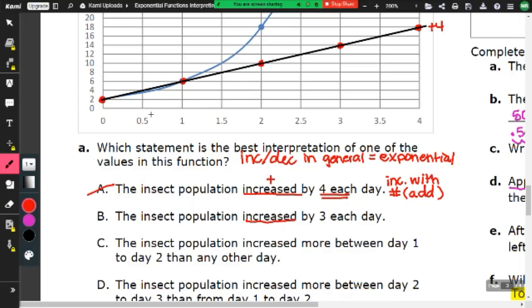Look at B. Once again, increase. It could be exponential, but they give us a specific number. So we're adding 3. Let's do the next one. 2, if you add 3, what do you get? 2 plus 3 is 5.